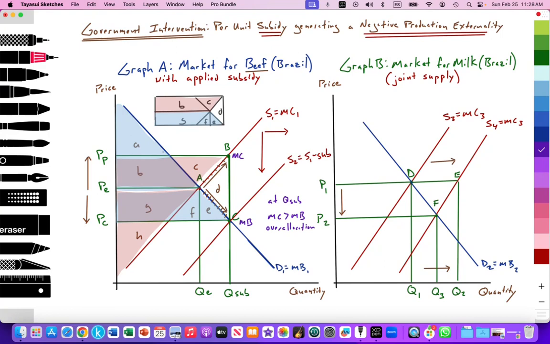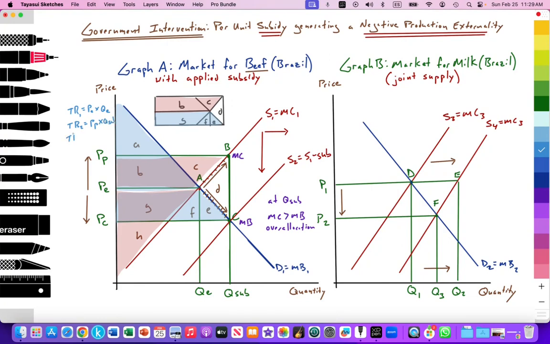Some other points, we can also talk about producers in terms of total revenue. Total revenue was initially, in this case for the farmers, total revenue 1, equal to PE times QE, and then total revenue increases to price received by producer times Q sub.